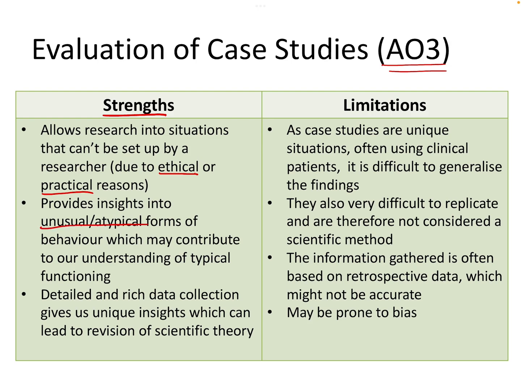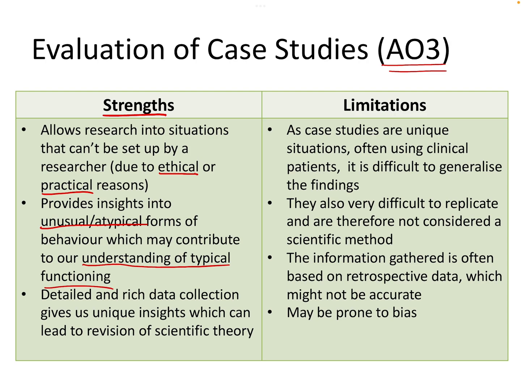So sometimes case studies are on, inverted commas, normal, usual, typical people, but quite often they're on unusual individuals and situations. So this allows us some really important insights into their behaviour, and this could be more meaningful than other forms of research, for example, experiments or questionnaires. So all of this helps to contribute to our understanding of typical behaviour.